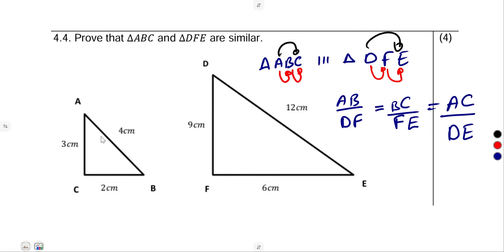AB, A to B, that is 4 over DF, which is 9. So that's 4 over 9 there.